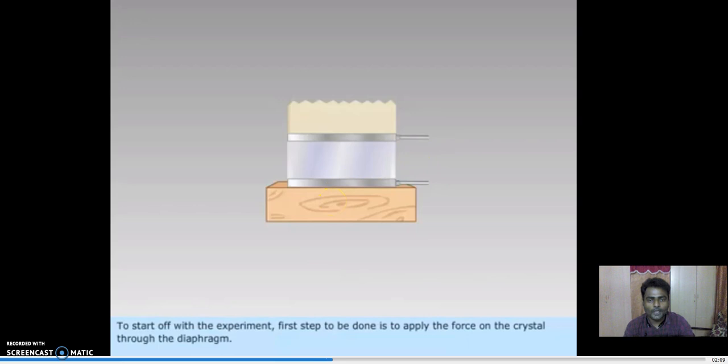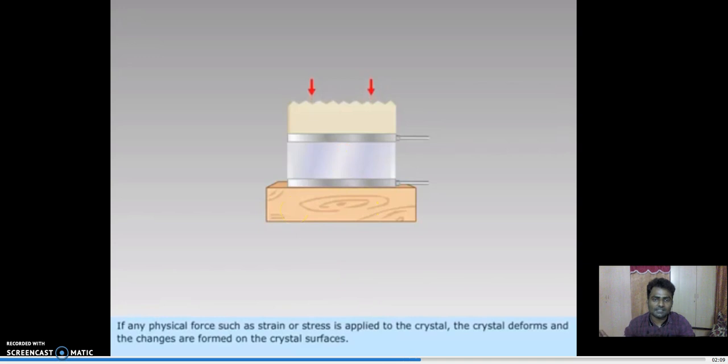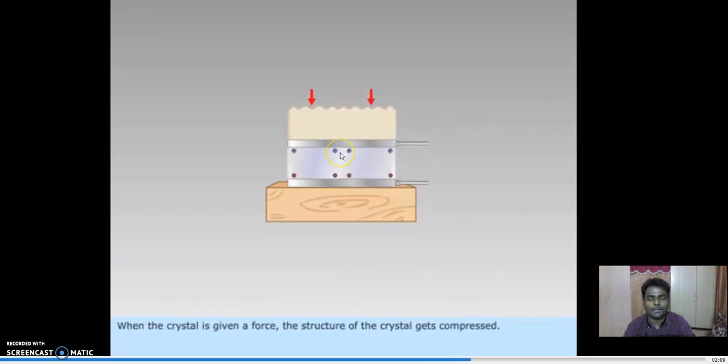We apply a force over the diaphragm, and through this the force is applied to the crystal. The force is distributed to the crystal through the diaphragm, and that is what happens here. If any physical force or stress is applied, the crystal deforms and changes are formed in the crystal surfaces. This deformation of the crystal produces the generated voltage.